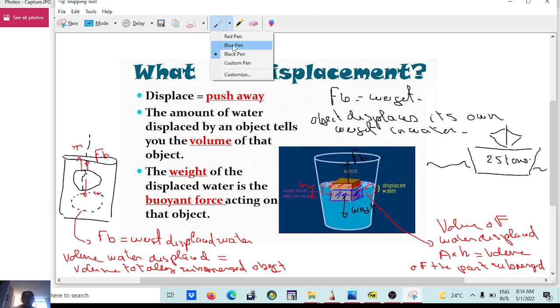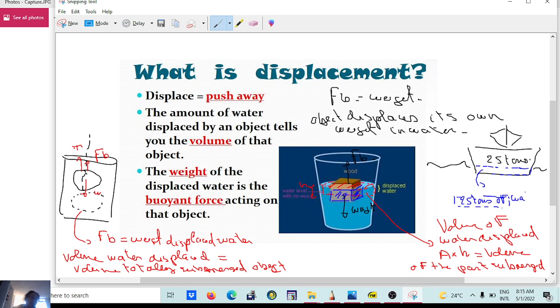It means that the water displaced, so you see it's displacing water here, that much water has been displaced. You can imagine this is here. It's going to displace 25 tons of water. So it means if you are able to measure the weight of that water displaced, it's going to be equal to 25 tons. Okay, once you understand that, all those problems that are confusing are going to make sense.